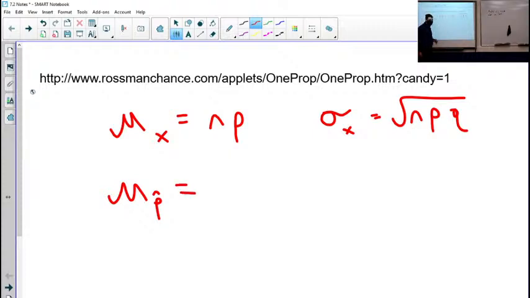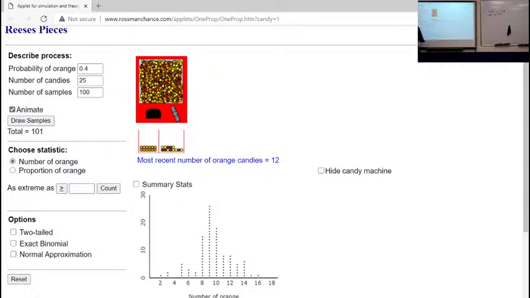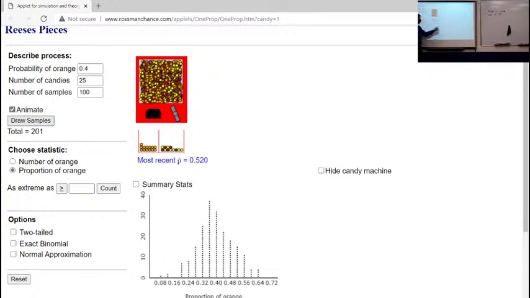It should be centered at the proportion. The only difference between my number of candies distribution and my proportion of candies distribution is that instead of looking at the number, we're doing the proportion.